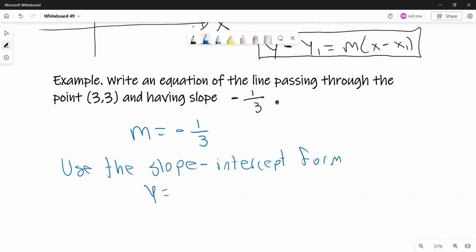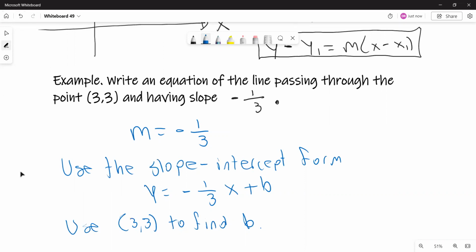So y is -1/3 x plus b. And we can use the point 3, 3 to find b.